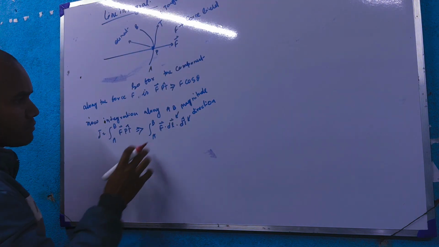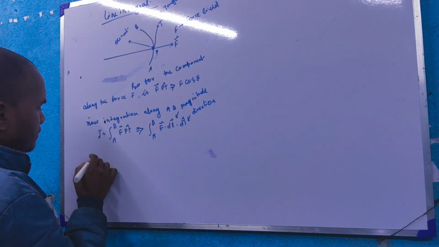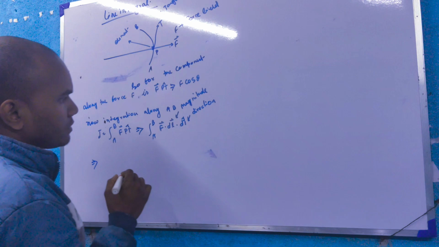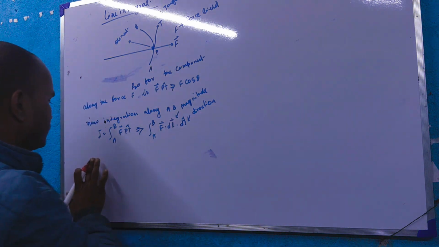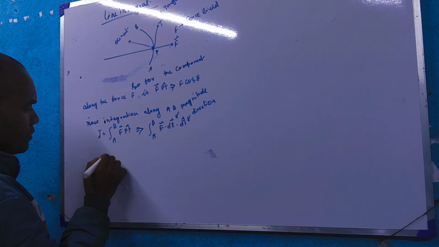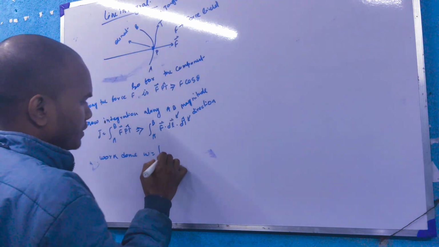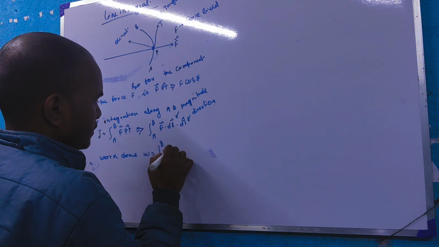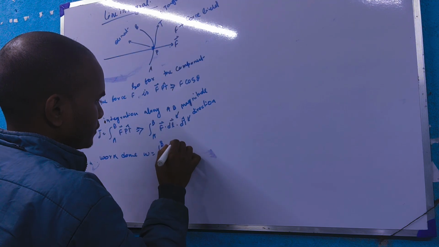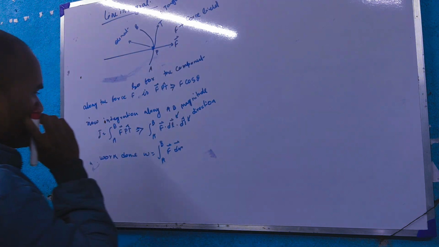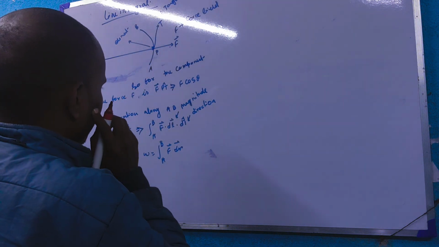After that, from this integration we know that work done W is equal to the integration of A to B of F dot dr. We know that work done is equal to F dot dr.